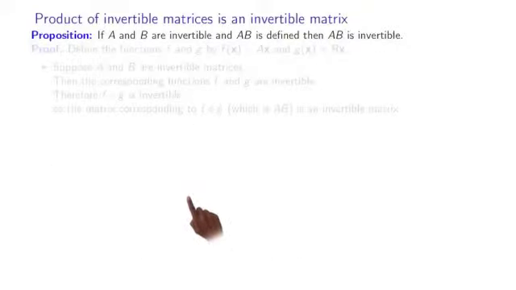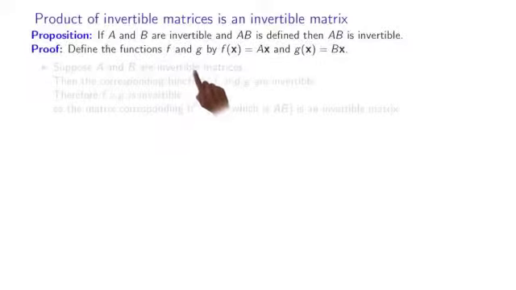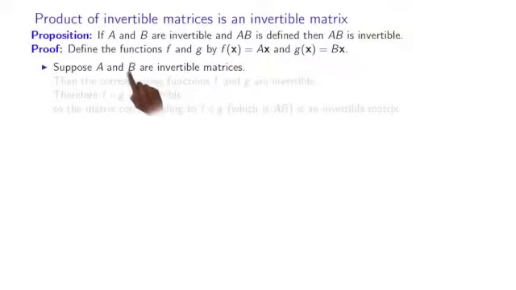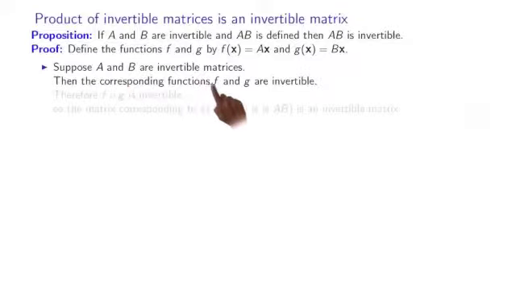For the proof, we just follow the same line of reasoning we used in the first two examples. Given the matrices A and B, let f and g be the corresponding functions, the ones defined by matrix-vector multiplication. Now suppose A and B are both invertible matrices. Then the functions f and g are invertible functions.